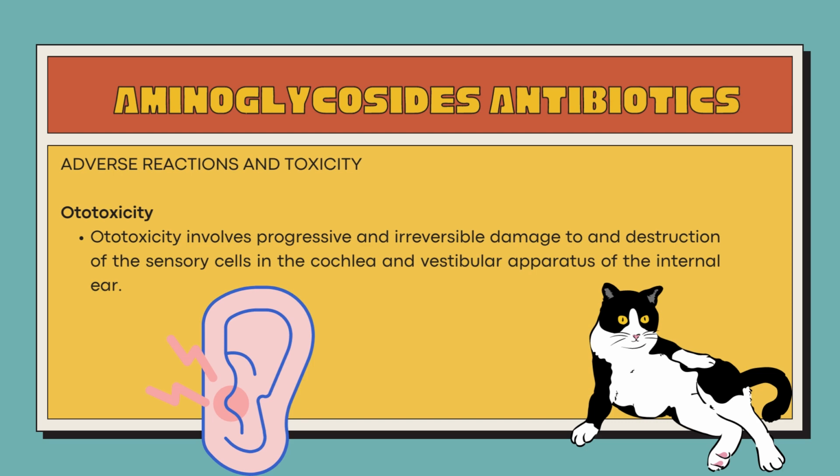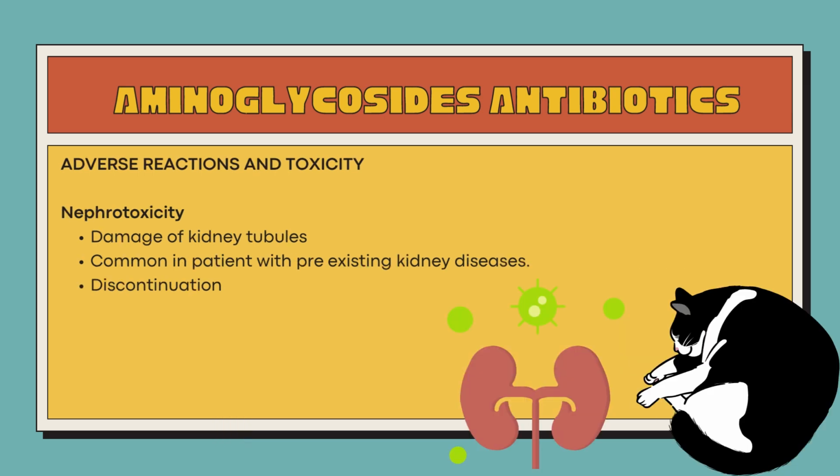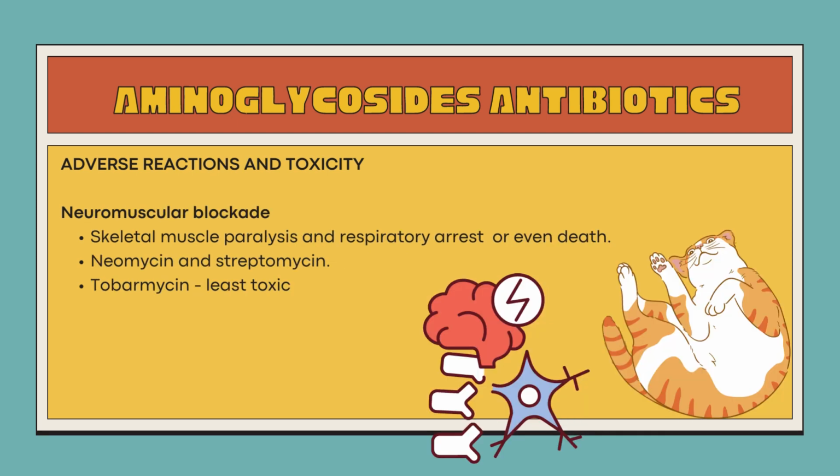Ototoxicity involves progressive and irreversible damage to and destruction of the sensory cells in the cochlea and vestibular apparatus of the internal ear. Second, we have nephrotoxicity. It is due to damage of the kidney tubules and is more common in patients with pre-existing kidney diseases. Renal damage can be reversed by immediate discontinuation of the drugs.